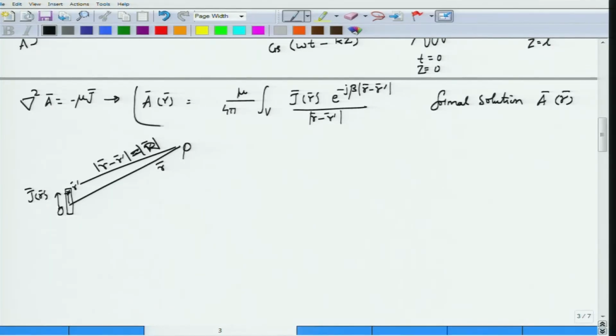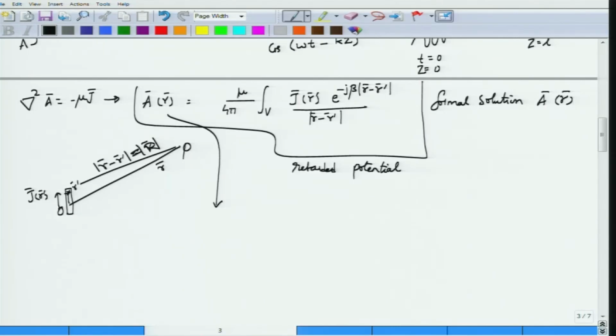So this formal solution for A of r is what we call the retarded potential, or retarded vector potential, but that vector is so understood that we simply call this the retarded potential, and all our antenna problems can be boiled down to finding A. From A you find H at that particular point, and also the electric field at that point.